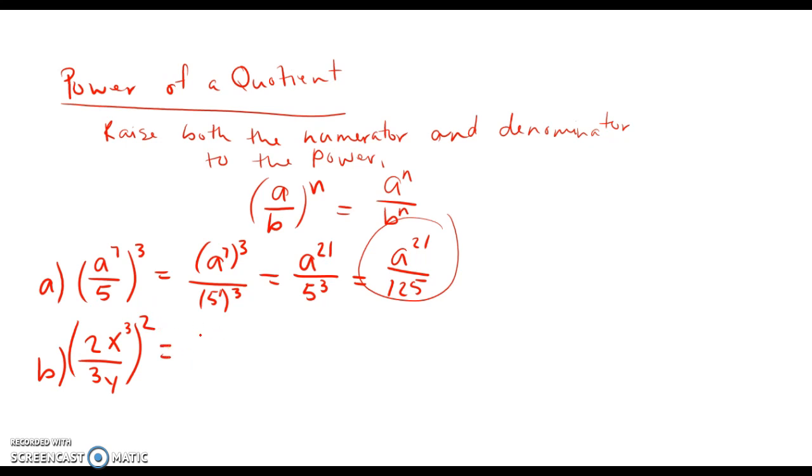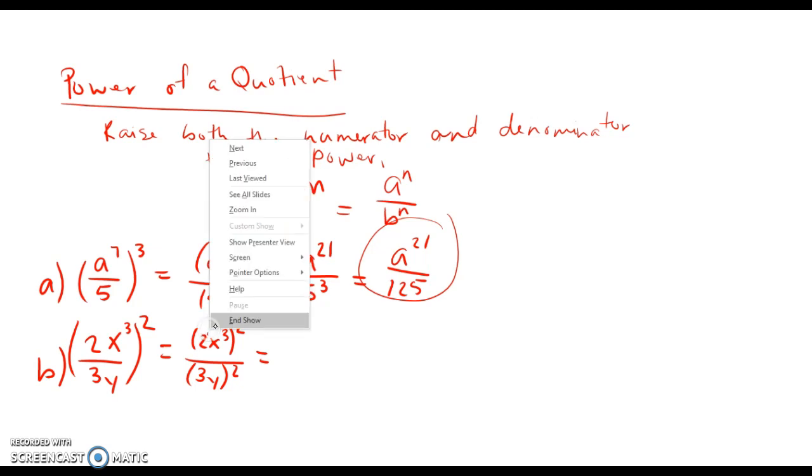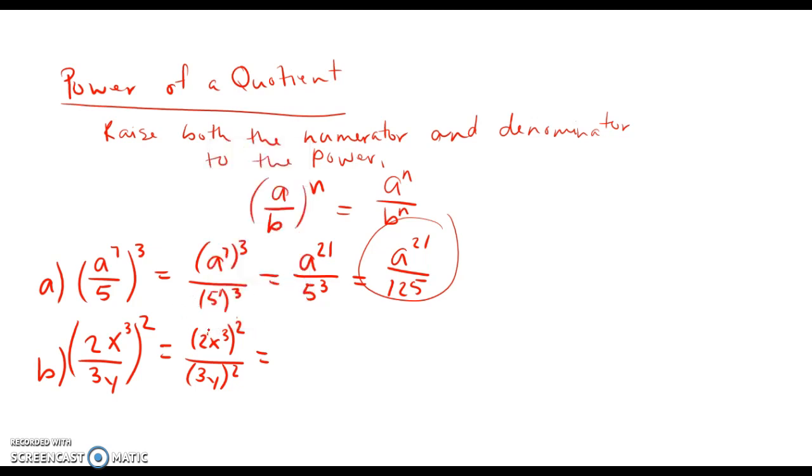So again, I'm going to take my numerator, so 2x cubed, and I will square it, and I will take my denominator, which is 3y, and we'll square that. And now I've got a power of product. So again, this was from our last lesson. So there's an exponent of 1 with this 2. And so I'm going to distribute the 2 to each exponent.